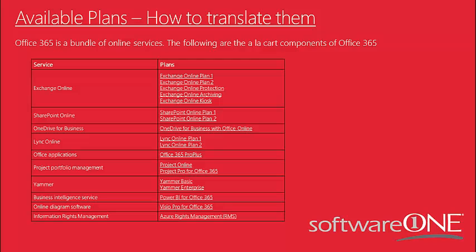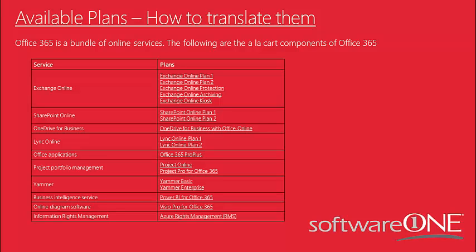With Exchange, for example, you have Exchange Online Plan 1 and Online Plan 2. Online Plan 1 is typically associated with the standard CAL functionality of Exchange. With Online Plan 2, you're looking at the Enterprise CAL functionality in an online environment.